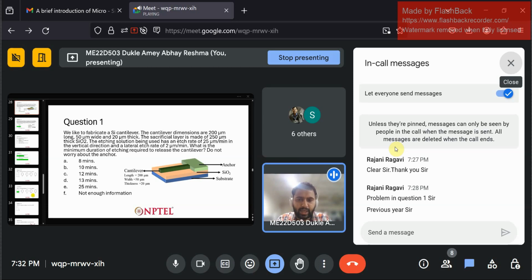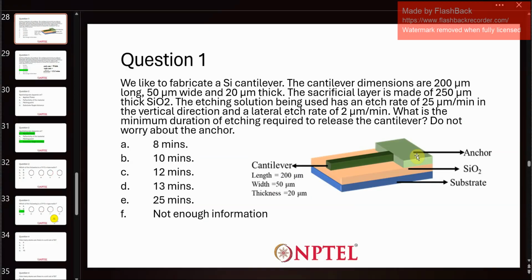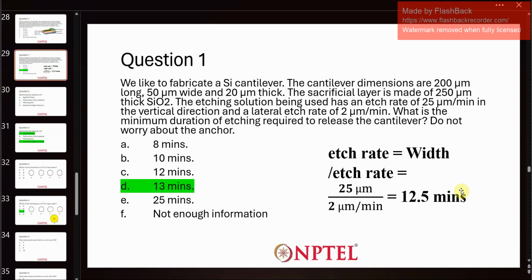Considering that we have equal etch rates, half of the width is dissolved by the etchant from the right hand side, and half of the width is dissolved by the etchant from the left hand side.